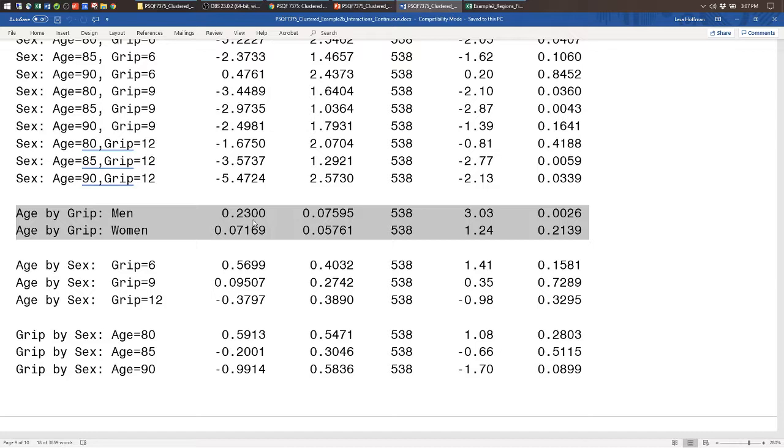Do I have anything that tells me whether these two coefficients are different? Do I know that? If 0.23 age by grip for men is different than 0.07 age by grip for women?